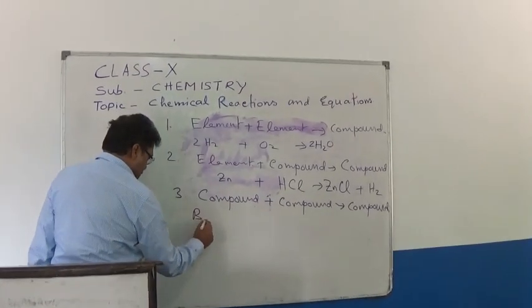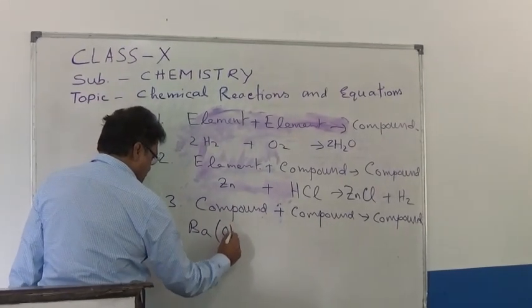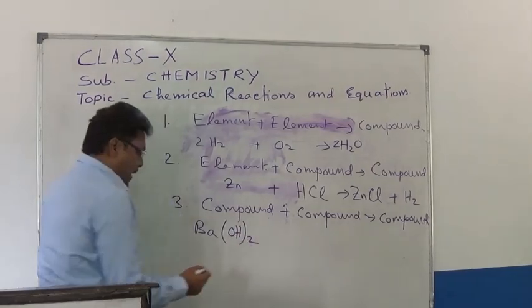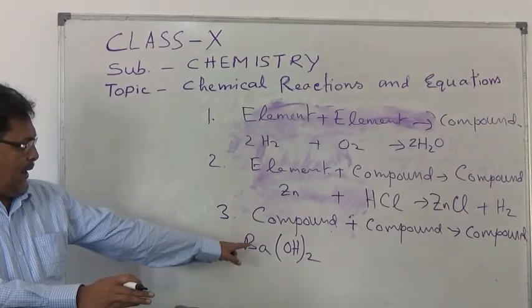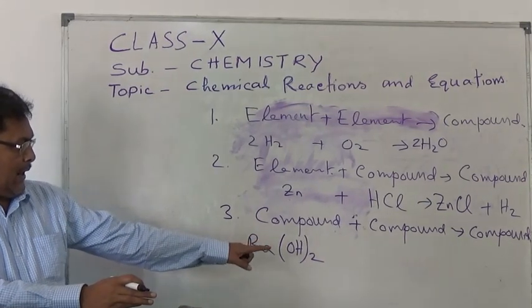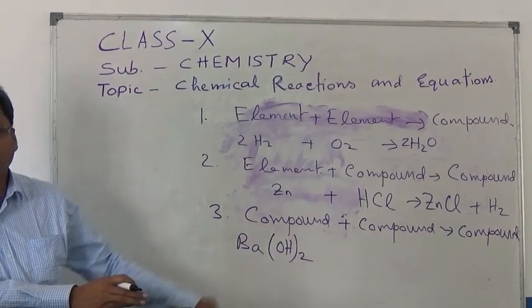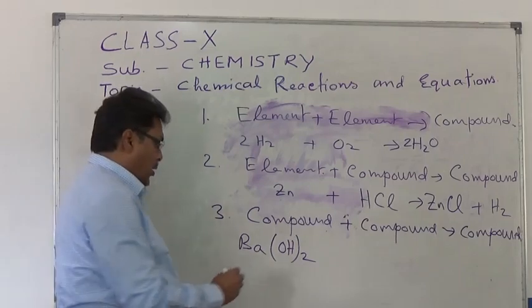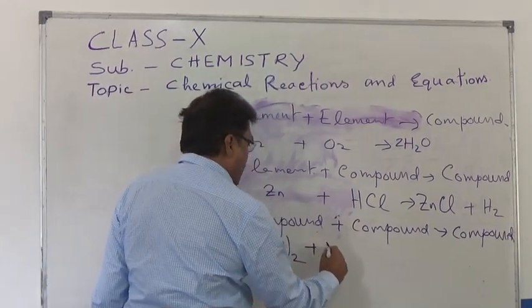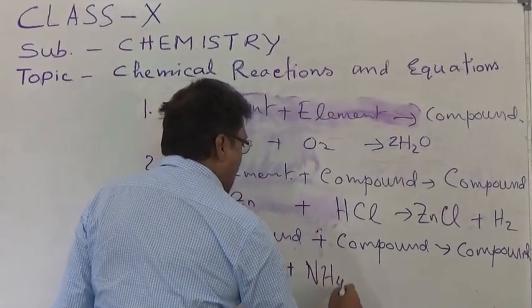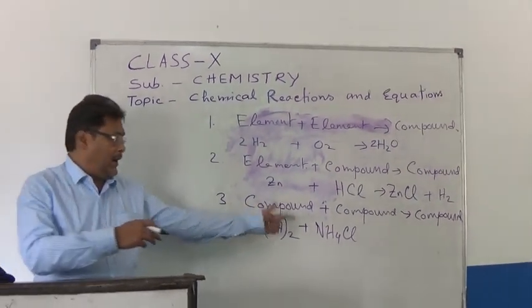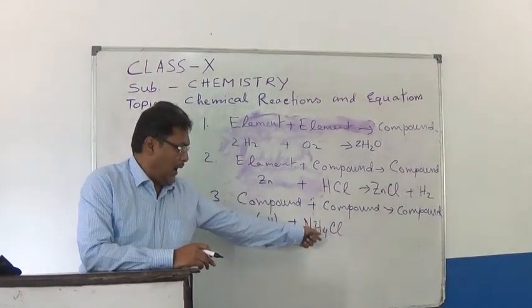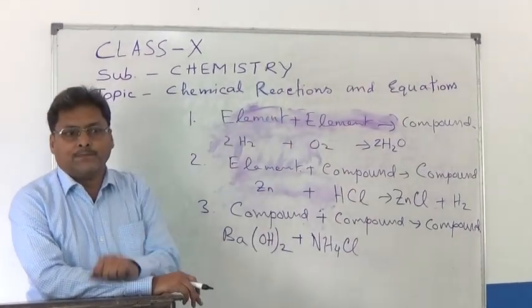Suppose we take some barium hydroxide. It's a compound, obviously you see is made up of three elements, barium, oxygen and hydrogen. And we mix it up with ammonium chloride, which is itself made up of three elements, nitrogen, hydrogen and chlorine.